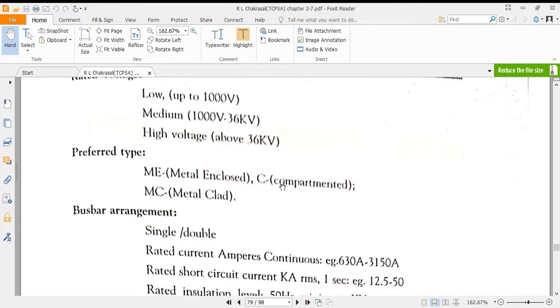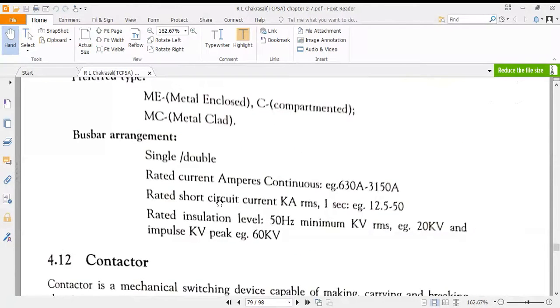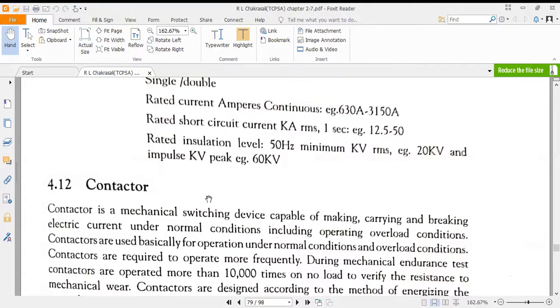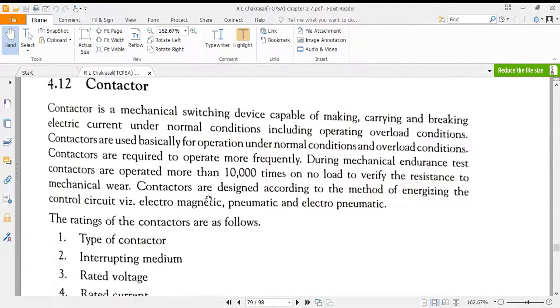Metal enclosed, compartmental and metal clad. These are the bus bar types. Okay, that's not it. This contactor part, let us see in our next class.